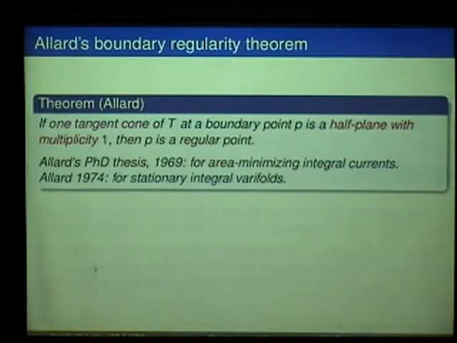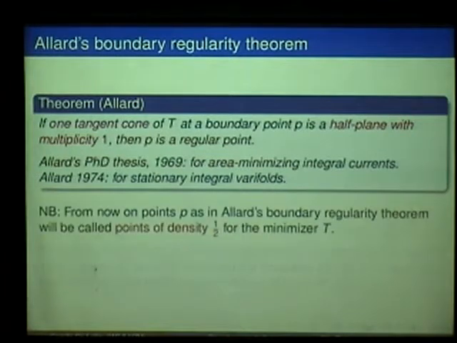So first of all in his PhD thesis, and then later in 1974 he generalized the statement to stationary integral varifolds which contain actually area minimizing currents as a particular case. So in his 1974 paper, he doesn't need the object to be a minimizer, he just needs the object to be a critical point. Okay, now, from now on, points P, as in Allard's boundary regularity theorem, will be called points of density 1/2, right? For a very good reason.